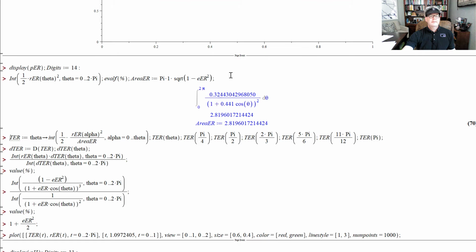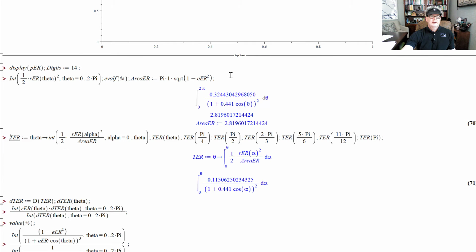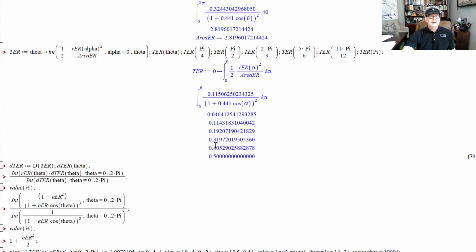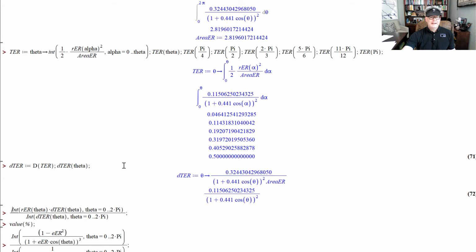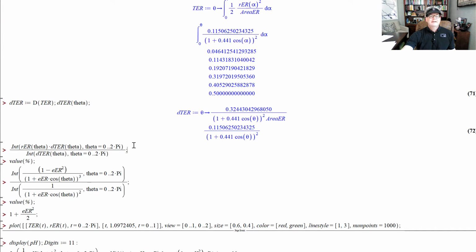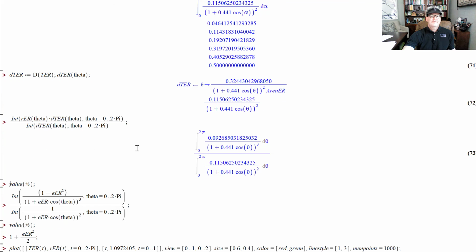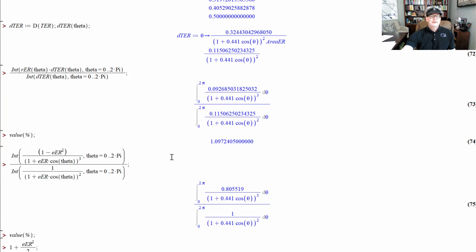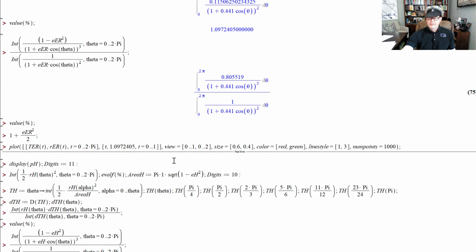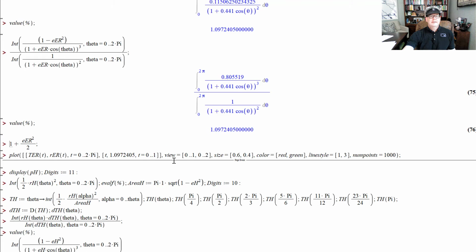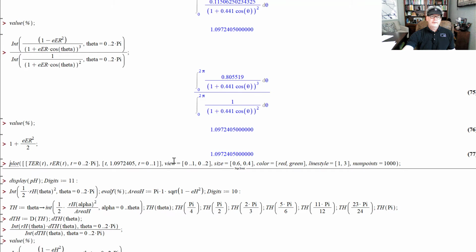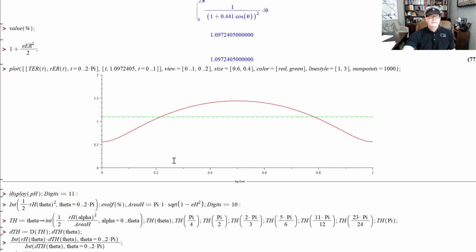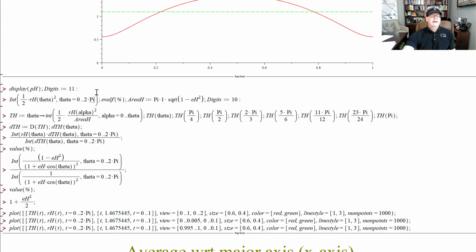For Eris, I think we all trust the result at this point. So I just integrate r dt divided by integral of dt, or my integral of r cubed divided by integral of r squared, same value, or 1 plus e squared over 2. And lastly, Halley's Comet.